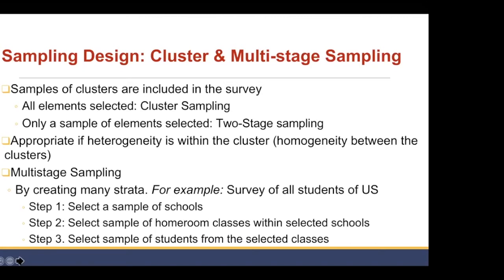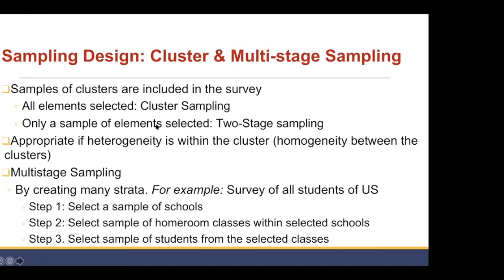If we decide to implement some sampling methods within the cluster, then it will be two-stage sampling. Another option, for convenience, is multi-stage sampling, where, for example, if you want to survey all the students in the United States, a first step would be to sample schools, then you choose schools that have homeroom classes.